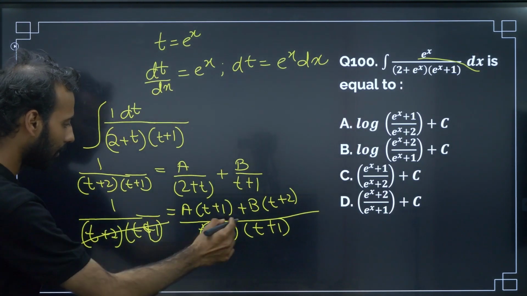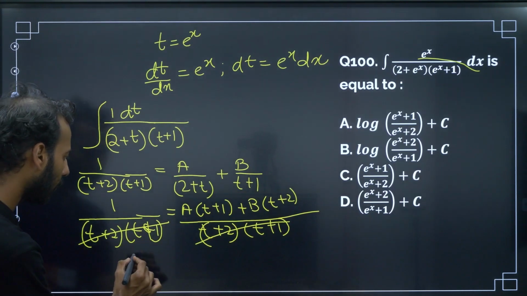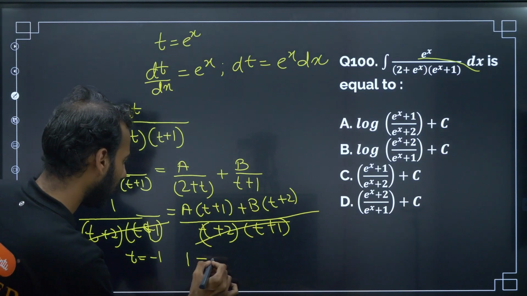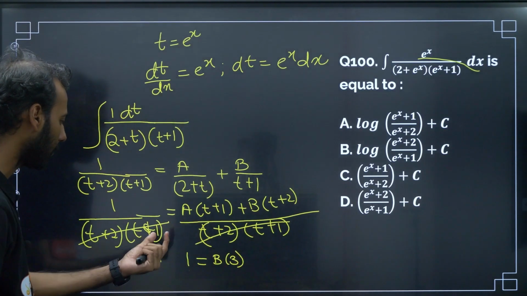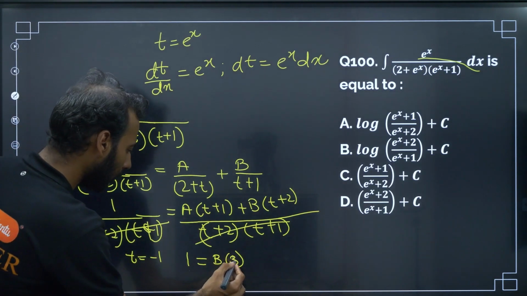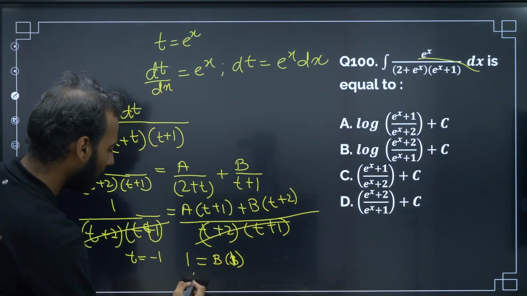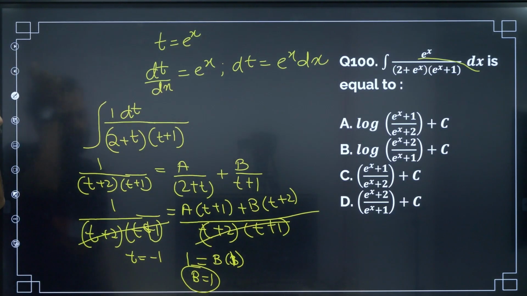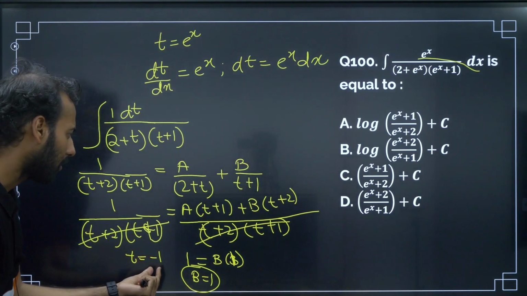Let me remove the denominators, because anyway both are the same. So if I substitute t as negative 1, I will get b. I am substituting minus 1, so b is equal to 1. This is one value, b is 1. Next value: t is minus 1 I have substituted.